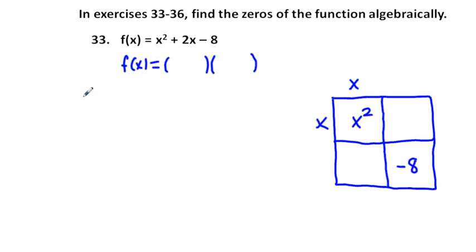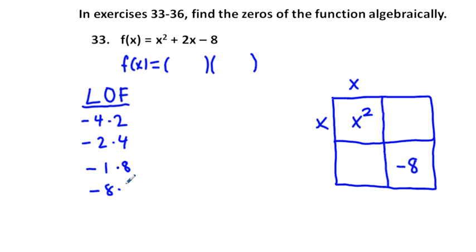And just to go ahead and fully articulate and explain, one thing you can do with these is you can make a list of factors. And the factors of negative 8 are going to be, well, you can get that by taking negative 4 times 2, negative 2 times 4. You can take negative 1 times 8, and also negative 8 times 1. Now, adjacent here, I'm going to put something I abbreviate as SOF.